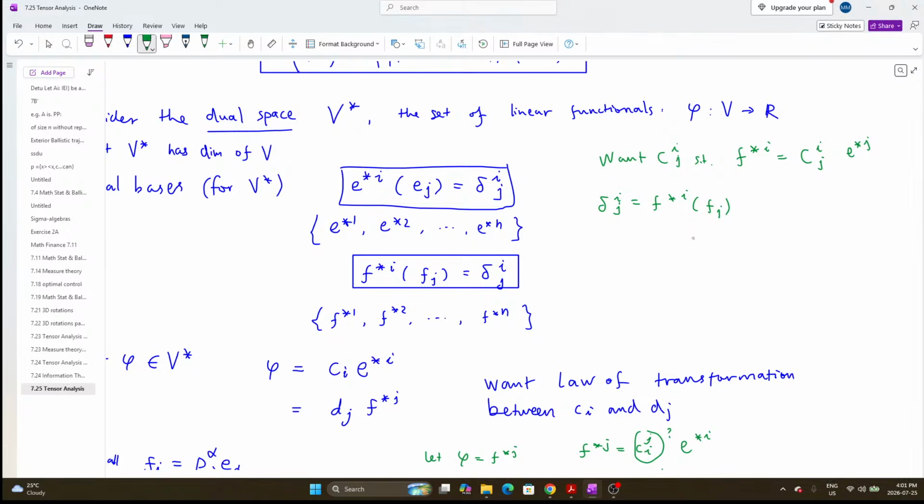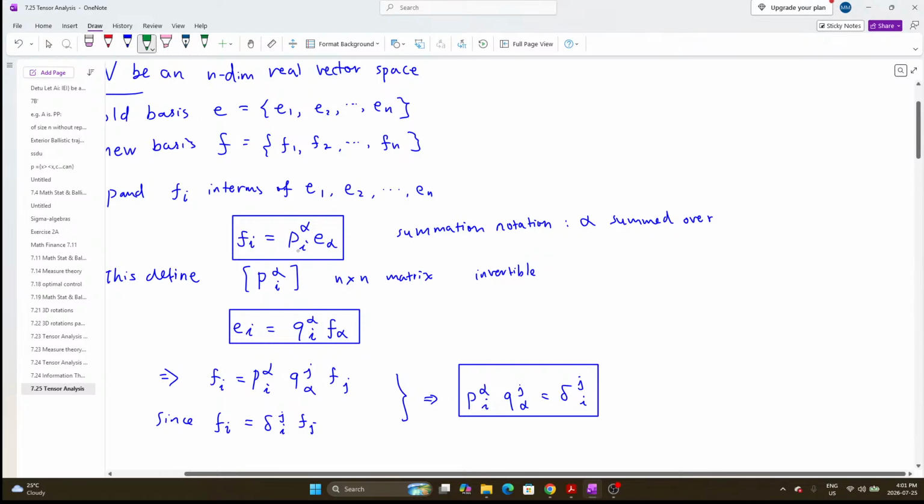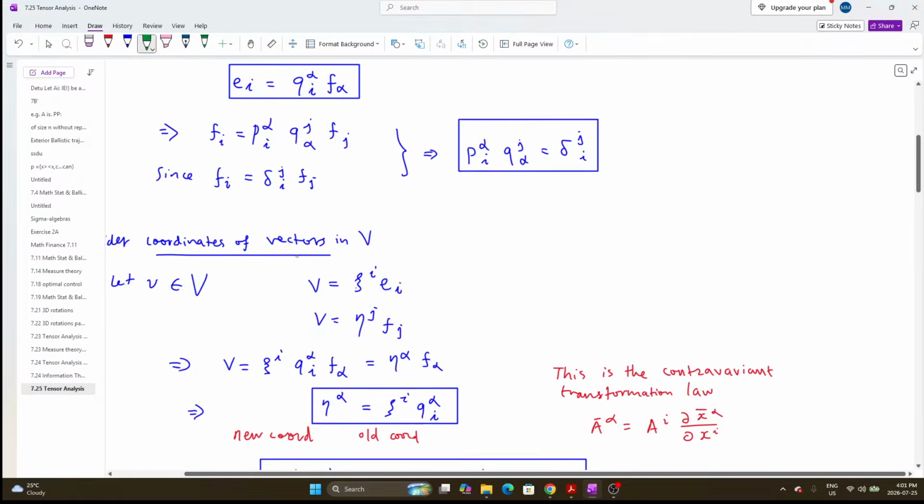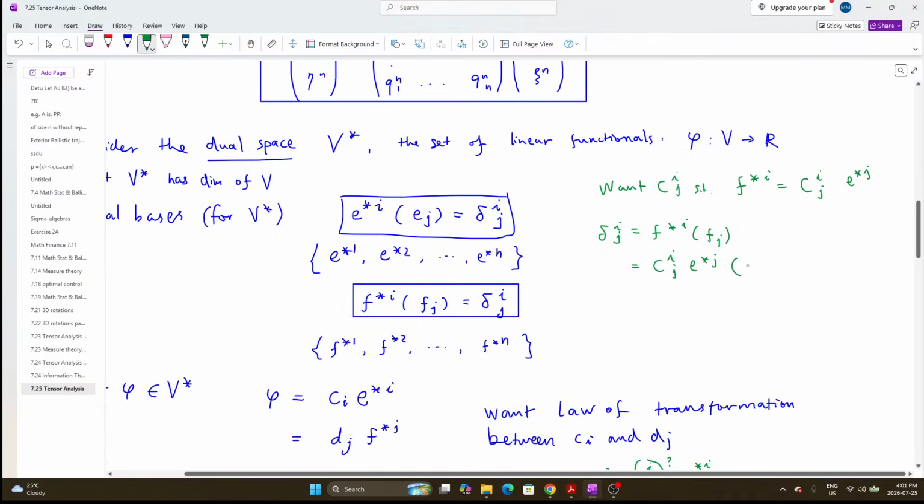So substitute our expression. You want C ij e star j. That's your f star, and then express fj. fj uses the P matrix, so P alpha j e alpha.